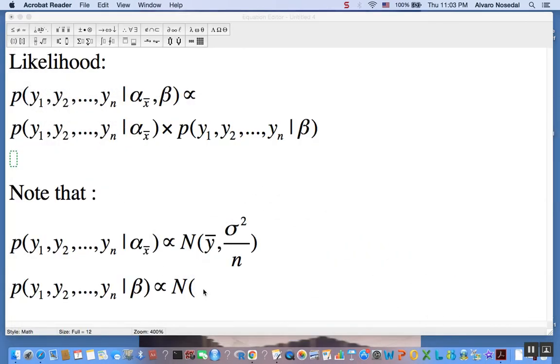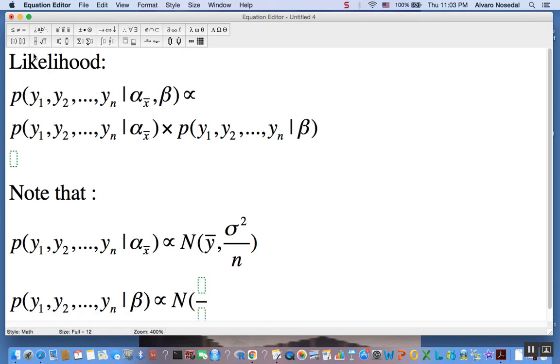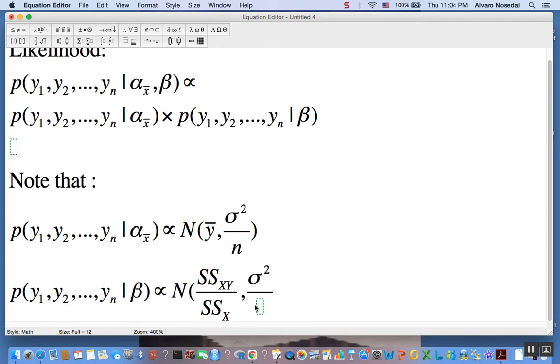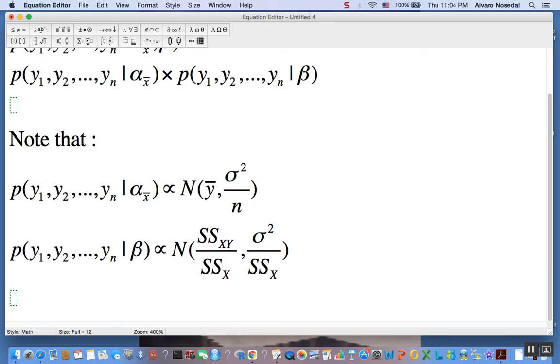So here we go, mean SSXY divided by SSX, and this guy here is going to be sigma squared divided by SSX. Okay, so prior.